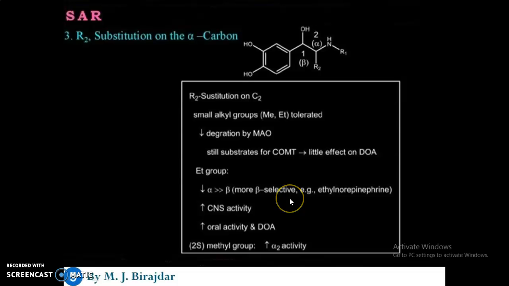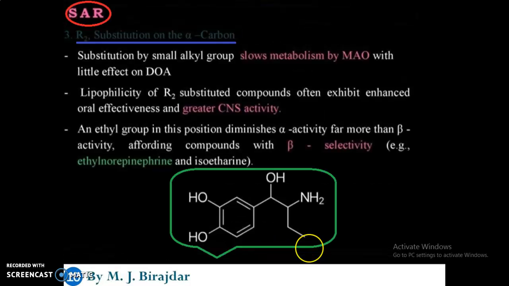Example, ethyl norepinephrine, which increases CNS activity, and it also increases oral activity and duration of action. The S configuration, S-methyl group, increases the alpha 2 activity.